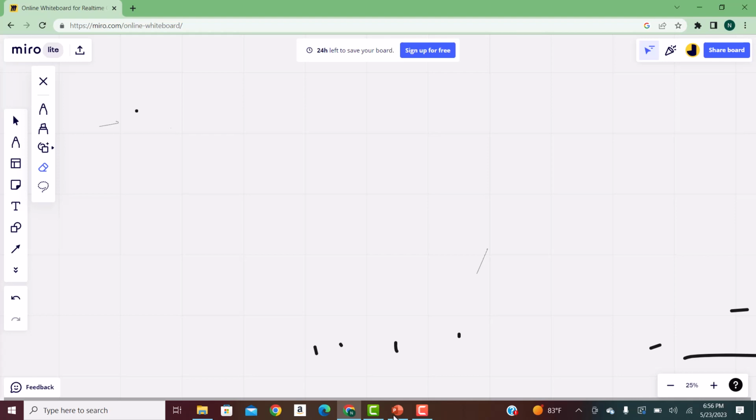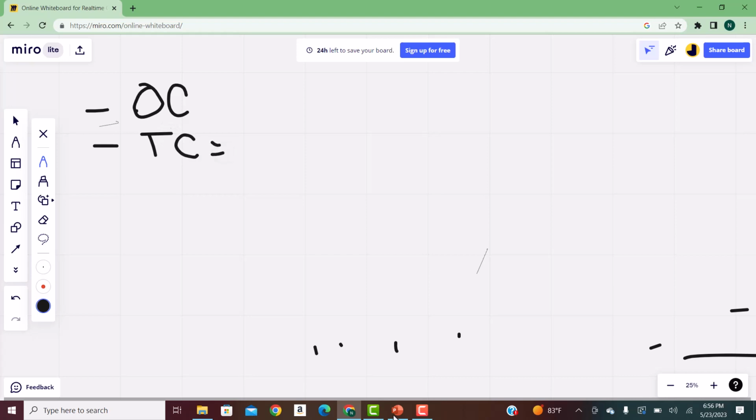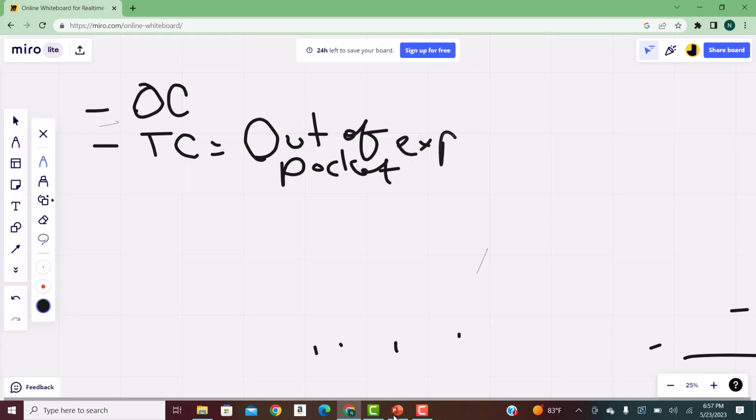In economics, we look into opportunity cost, which we figured out how to do, and then we also look into total cost, which is basically all your out of pocket expenses plus your opportunity cost. That is how you will calculate the total cost when you make a decision.